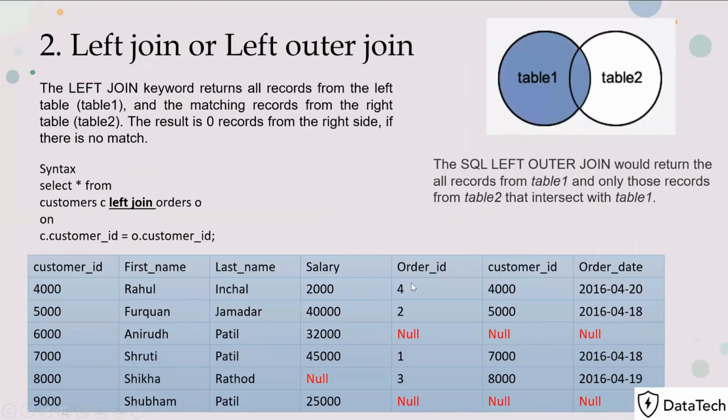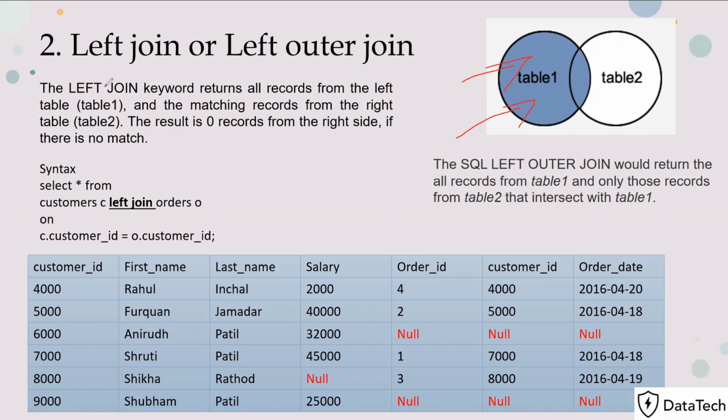Left join. So what do you mean by left join, guys? As the name suggests, you can see in the diagram, it is taking only the left table, along with the common data which is there in both the tables.